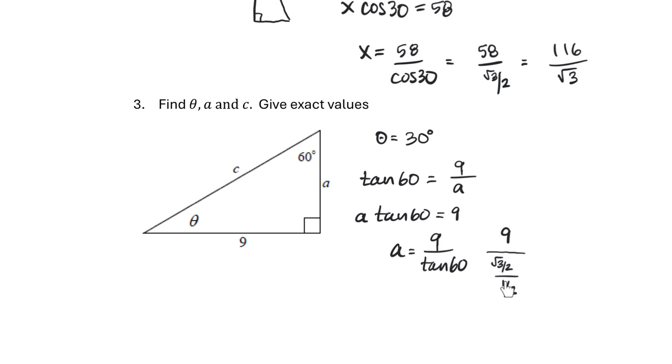So root 3 over 2 divided by 1/2 is just root 3. So this is equal to 9 divided by the square root of 3.